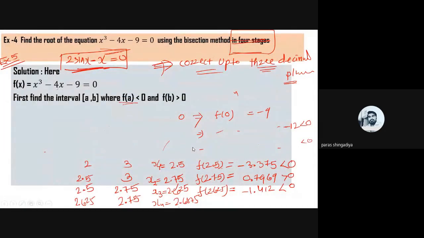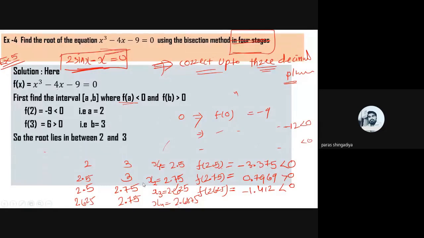Okay, good. So at x equal to 1, you will get a positive answer, because when we start with 0, for 0 the answer will be 0, and for 1 you will get 2 sin 1 minus 1.